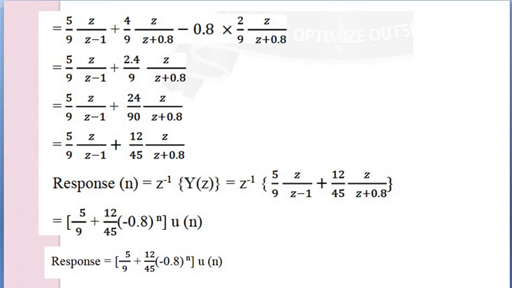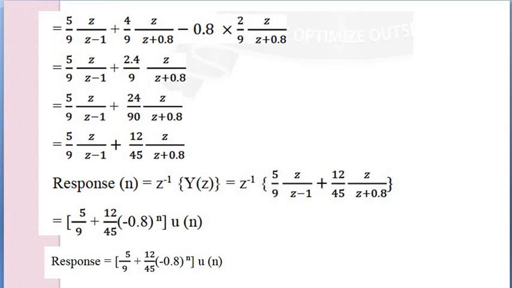So the equation becomes Y of z equal to 5 by 9 z divided by z minus 1 plus 4 by 9 z divided by z plus 0.8 minus 0.8 into 2 by 9 z divided by z plus 0.8. On simplification, we get 5 by 9 z divided by z minus 1 plus 2.4 by 9 z divided by z plus 0.8.